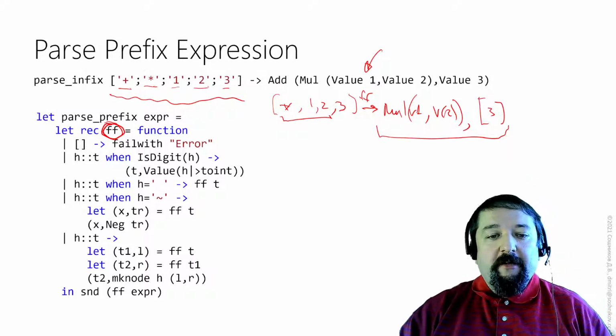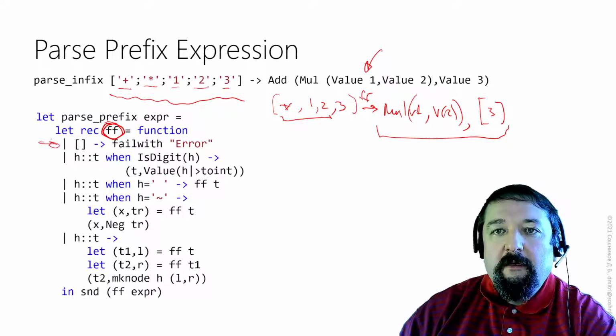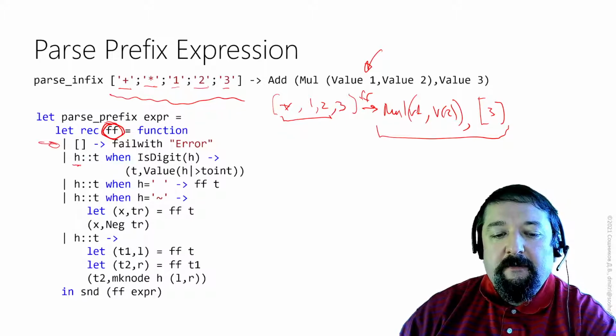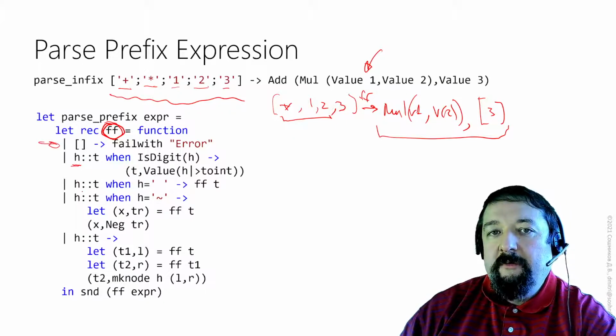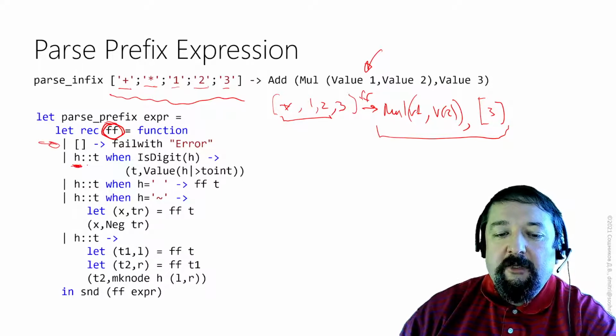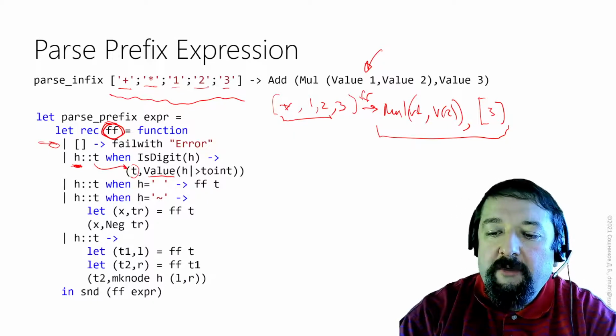So how will the function ff work? For an empty list, of course, we cannot do anything. That's why we fail immediately. And then if we have a digit as the first thing, and we will only deal with numbers which are digits for simplicity, so if the h is a digit, then we return this digit as a value, and the remaining portion of text is t, right? Actually, I was a little bit wrong here.